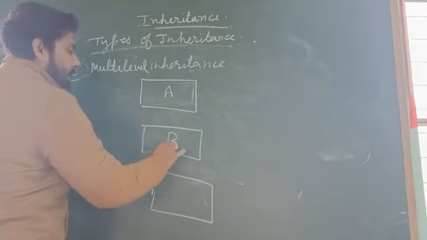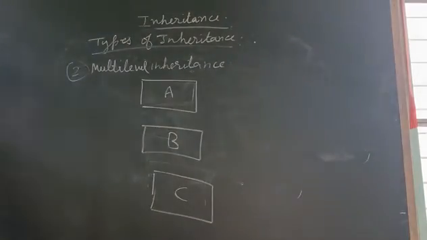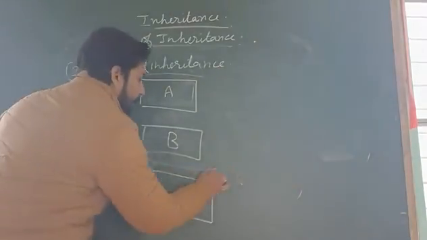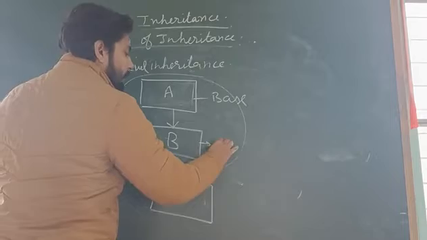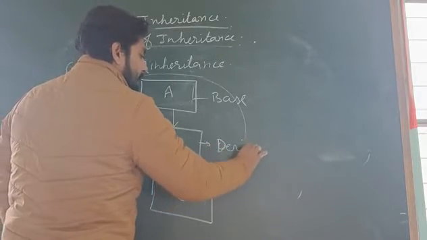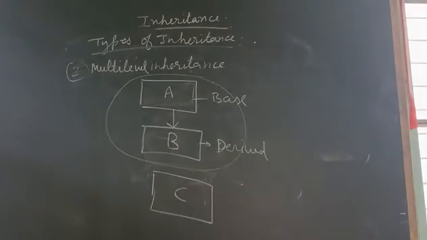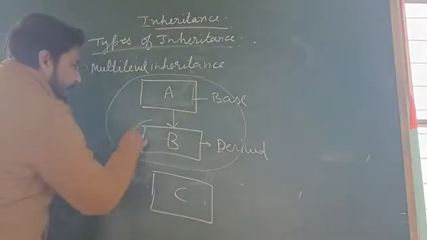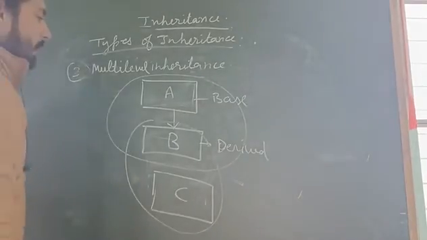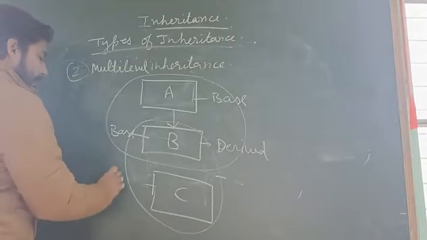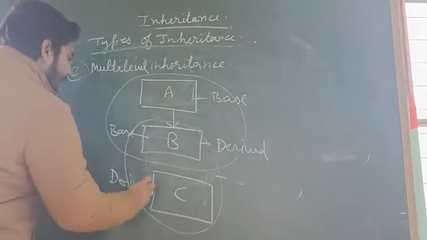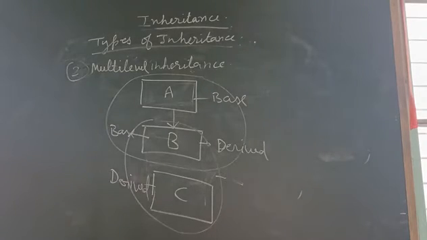This is A, this is B, this is C. When we go with A and B, A is the base class and B is the derived class. But when we talk about B and C, then B is the base class and C is the derived class. So this type of inheritance is called multi-level inheritance.